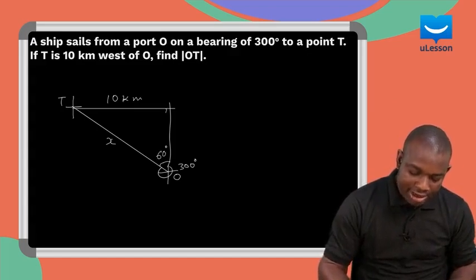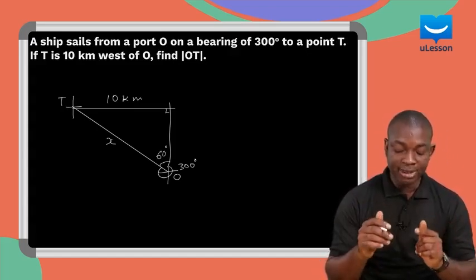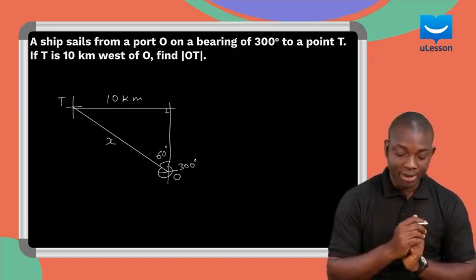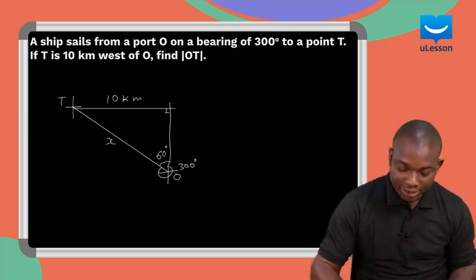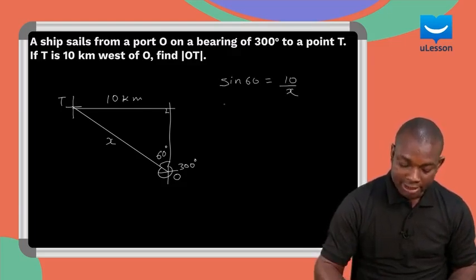Now in this right-angled triangle, we have the opposite of 60 degrees and we are to find the hypotenuse. So we use our sine ratio and we have that sine 60 is equal to 10 over x. Making x the subject of the formula, x equals 10 over sine 60.